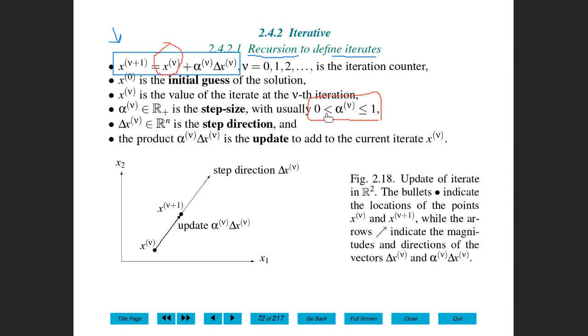That is why alpha is always greater than 0. And normally, we do not want to make the step size too large, so we put an upper limit, which is 1. But it can be equal to 1, there is no problem in that. Normally, alpha is between 0 and 1, for example 0.5, 0.8, something like that.